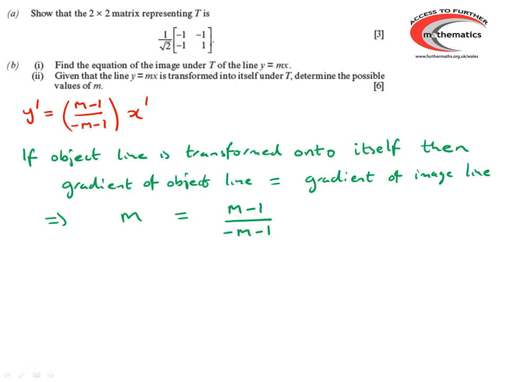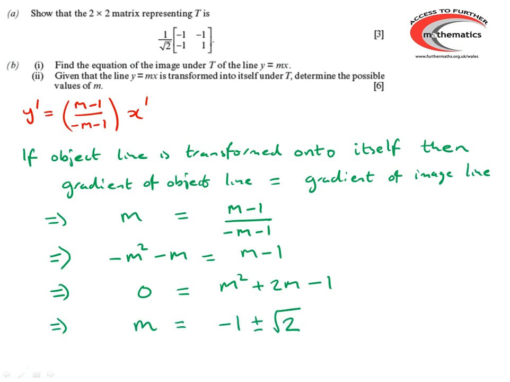Multiply up by minus m minus 1 to clear the fractions. And then get everything on one side, so we've got a quadratic equation. We've got 0 equals m squared plus 2m minus 1, which means that m is minus 1 plus or minus root 2, by whichever means you want to solve your quadratic equation.